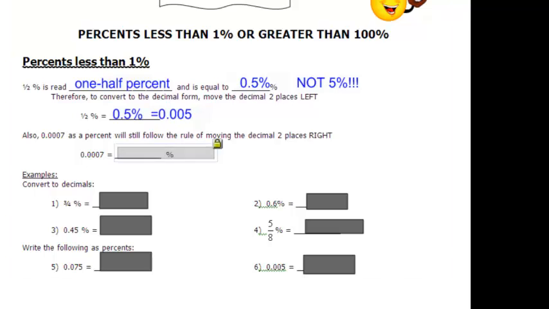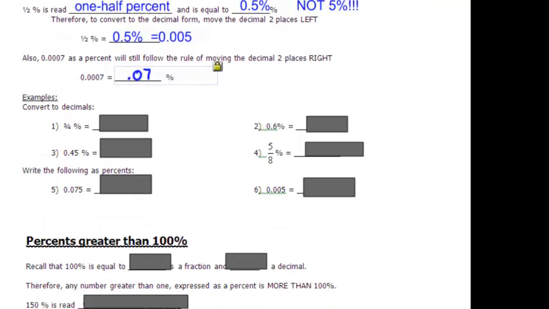That's going to be 0.07%. It looks strange, but when we are dealing with percents, that's a possibility. So converting a decimal to a percent and a percent to a decimal and a fraction to a percent is something that we all need to be familiar with.